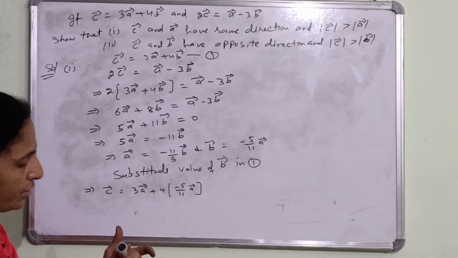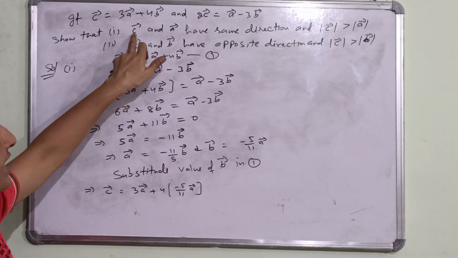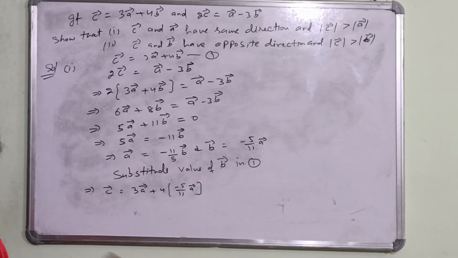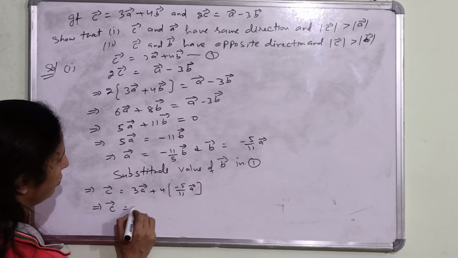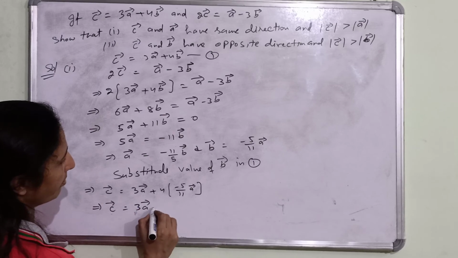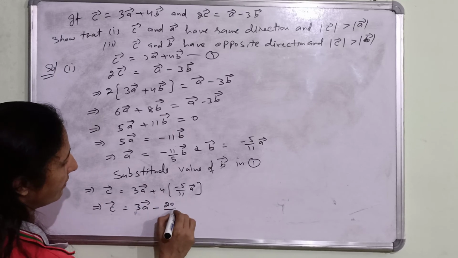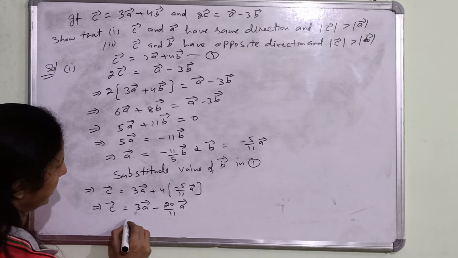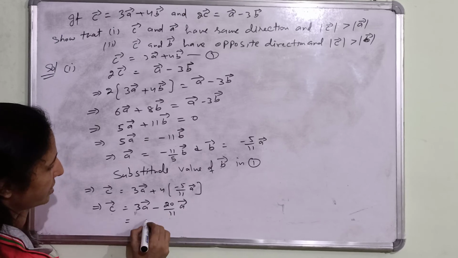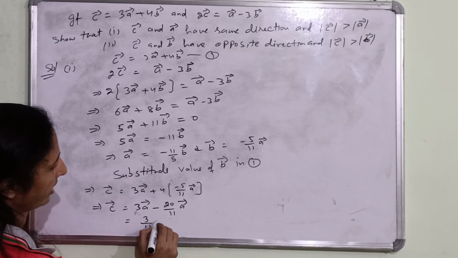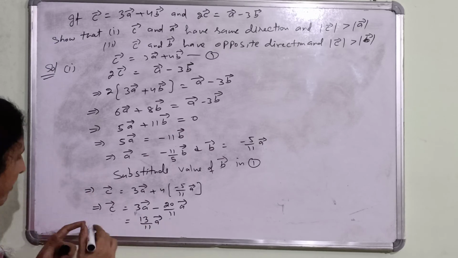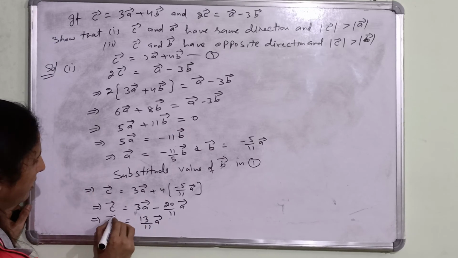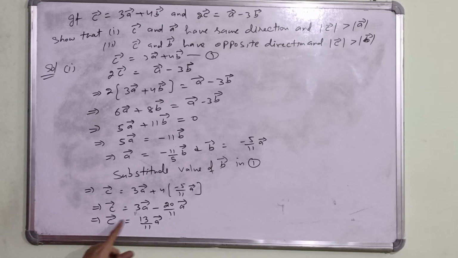Why do we use this? Because we have to find the relation between C and A, so we have to eliminate b. So C is equal to 3a minus 20 over 11a. So it is 33 minus 20, which means 13 by 11a. So it means same direction.